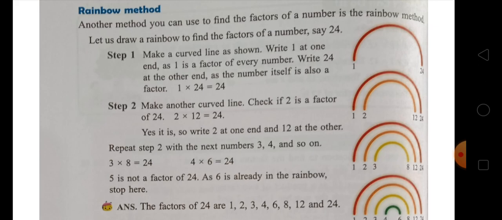That will be 3 multiply 8 equals 24. 4 multiply 6 equals 24. And we also find that 5 is not a factor of 24, as 6 is already in the rainbow. Stop here. The factors of 24 are 1, 2, 3, 4, 6, 8, 12, 24.